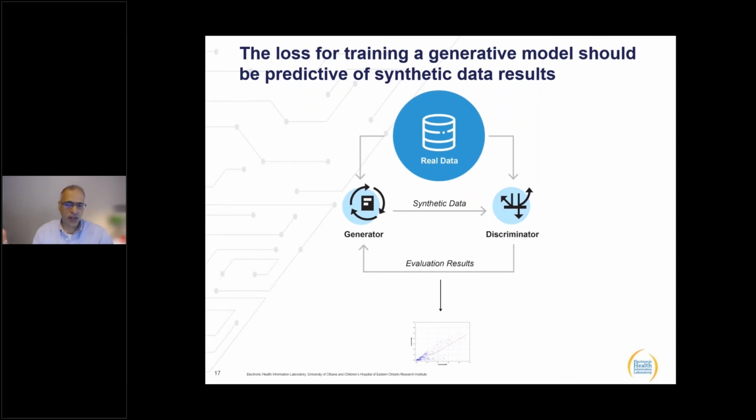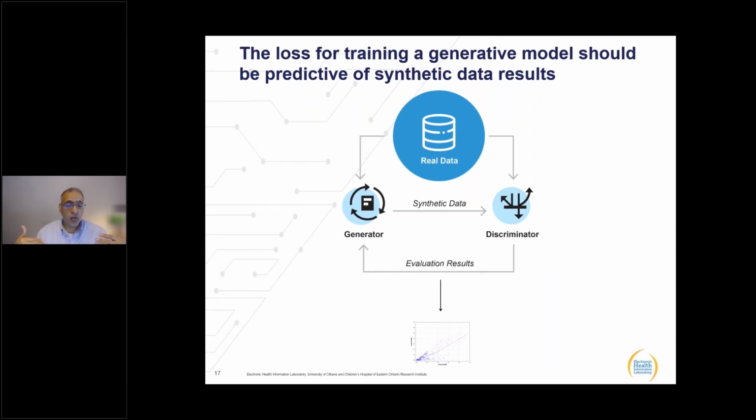Because you're optimizing on that score, and therefore you want to make sure that you're optimizing on a good score that's meaningful in practice. And if your objective is inferences, then you want your discriminator score to be predictive of how accurate those population inferences are going to be when you are doing analysis or building models with the synthetic data.